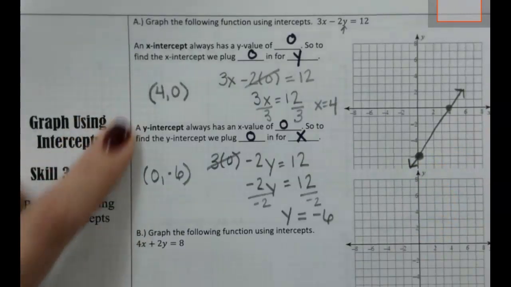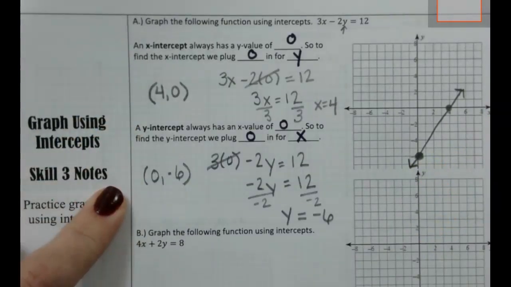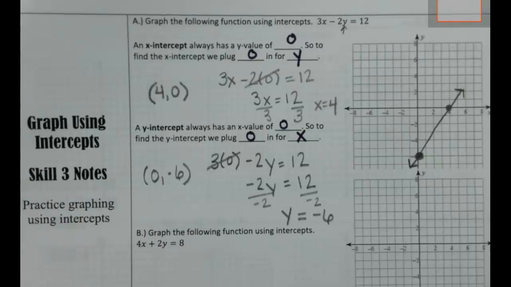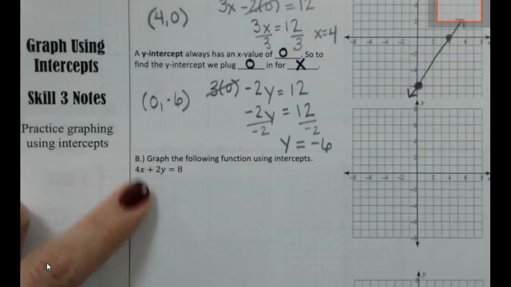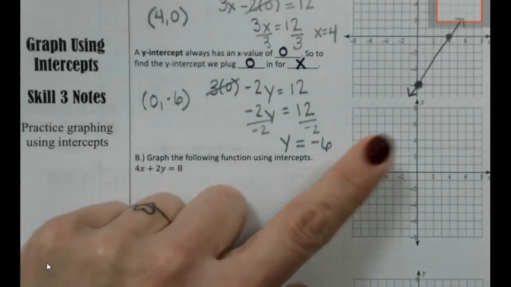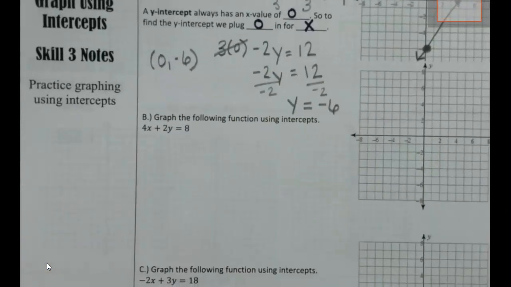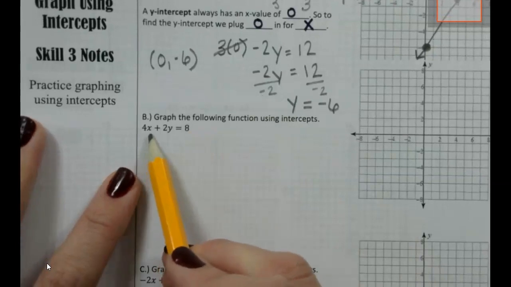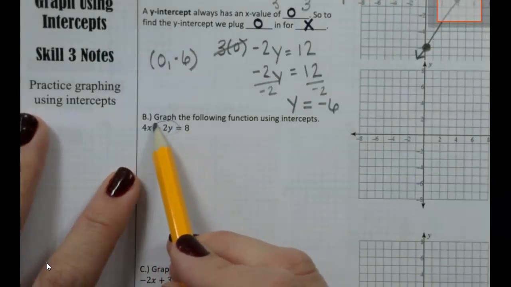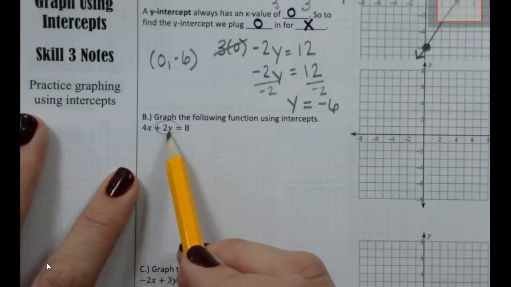Okay, now that one broke this down for you a little bit, but the one at the bottom here is not going to break it down. So this one doesn't have anything written into the space. We're going to graph it right here. So I'm going to do the x-intercept over here and then the y-intercept over here. So when we put in 0 for the y, this piece is going to go away.